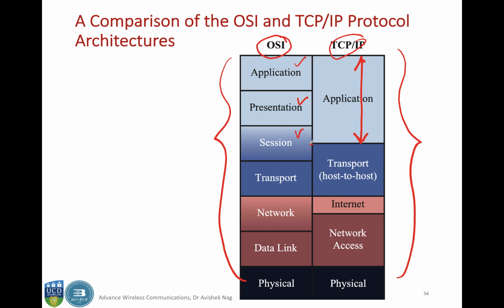Then some part of the session layer and the transport layer is taken care of by the transport layer in the TCP/IP. The network and data link layer together in your OSI can be functionally similar to the internet and the network access layer of the TCP/IP. And the physical layers are the same in both cases.